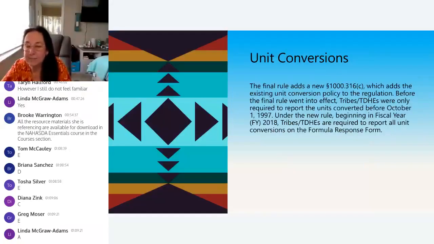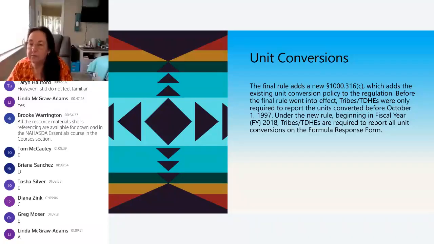So there was a unit conversion rule that added existing unit conversion policy to the regulation. Before it went into effect, we were only required to report units converted before 1997. Then they changed it in 2018. They said we are now required to report all unit conversions on your current formula response form.